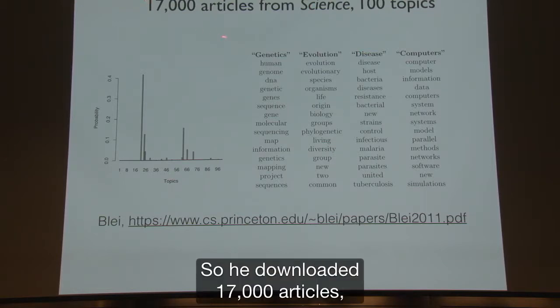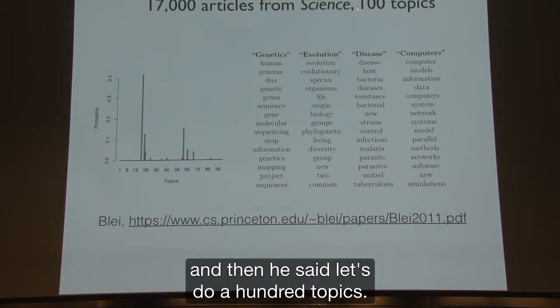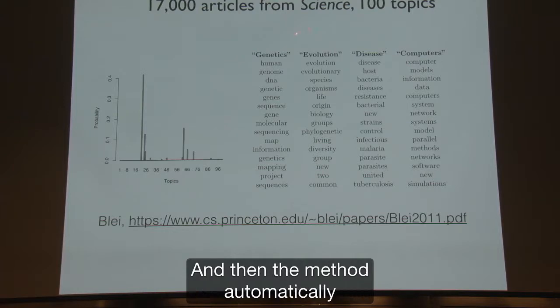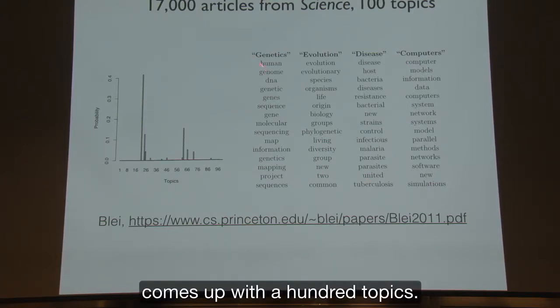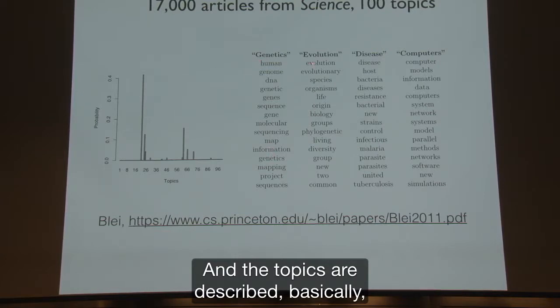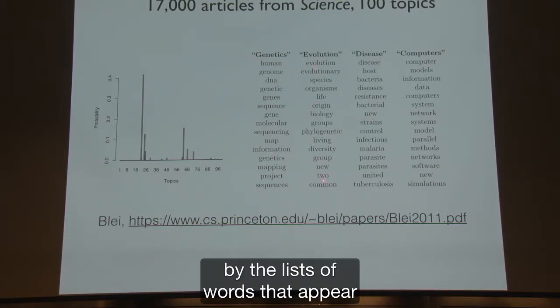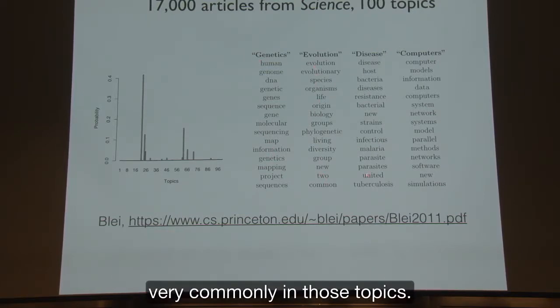So he downloaded 17,000 articles, and then he said, let's do 100 topics. And then the method automatically comes up with 100 topics. And the topics are described basically by the lists of words that appear very commonly in those topics.